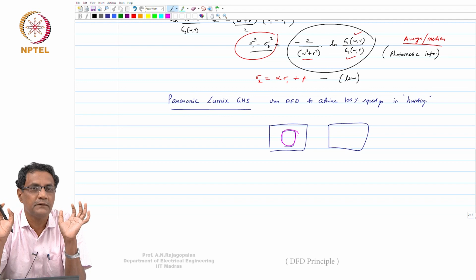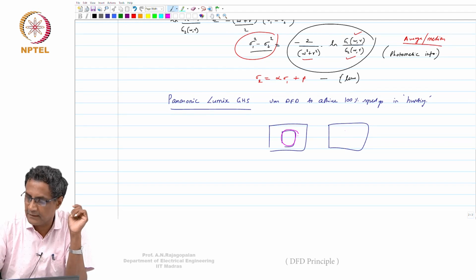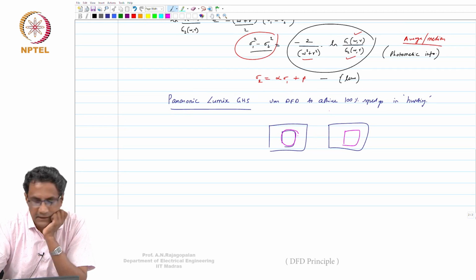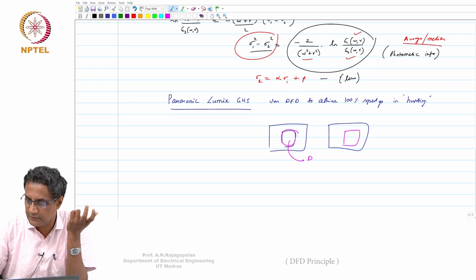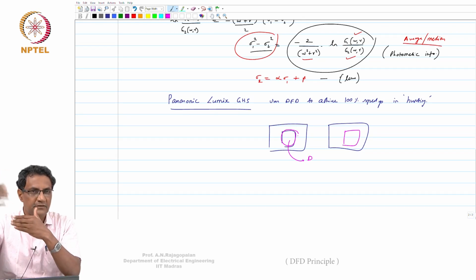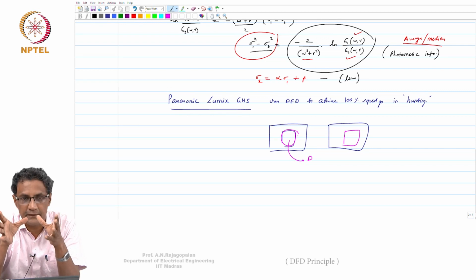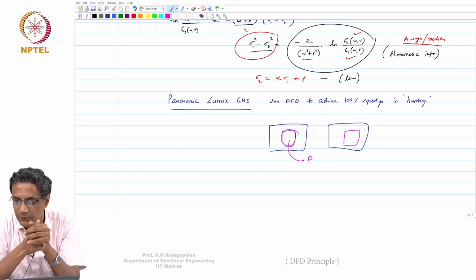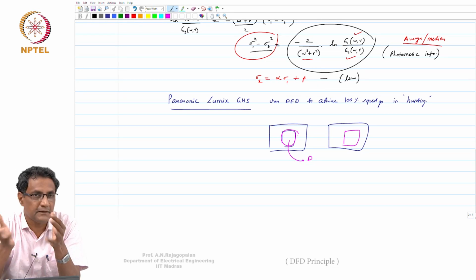Then they use this DFD, because it's only 2 images, and they get an estimate of depth for that layer. You can think of the scene as a layered scene, and you are interested in the central portion of the image, so for that you find a depth value, and this need not be very accurate.